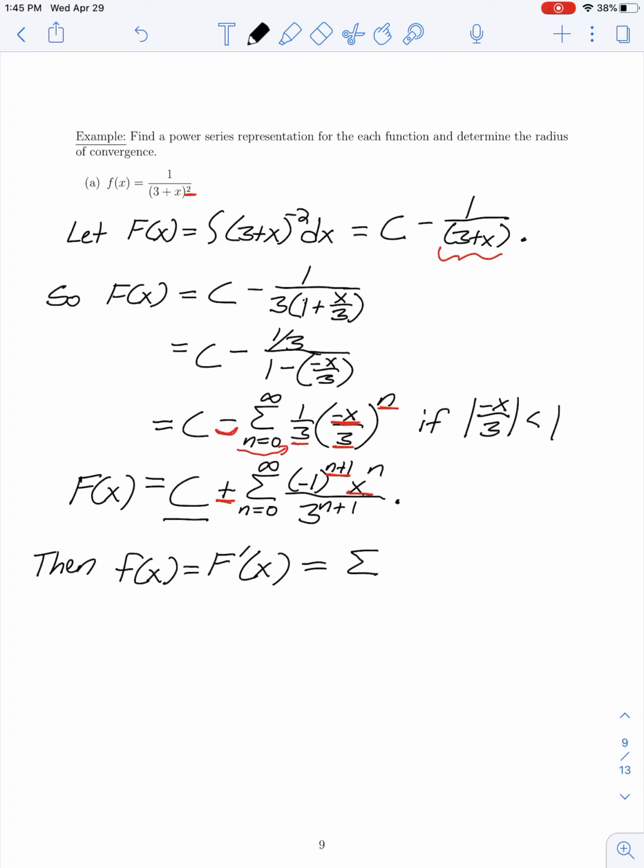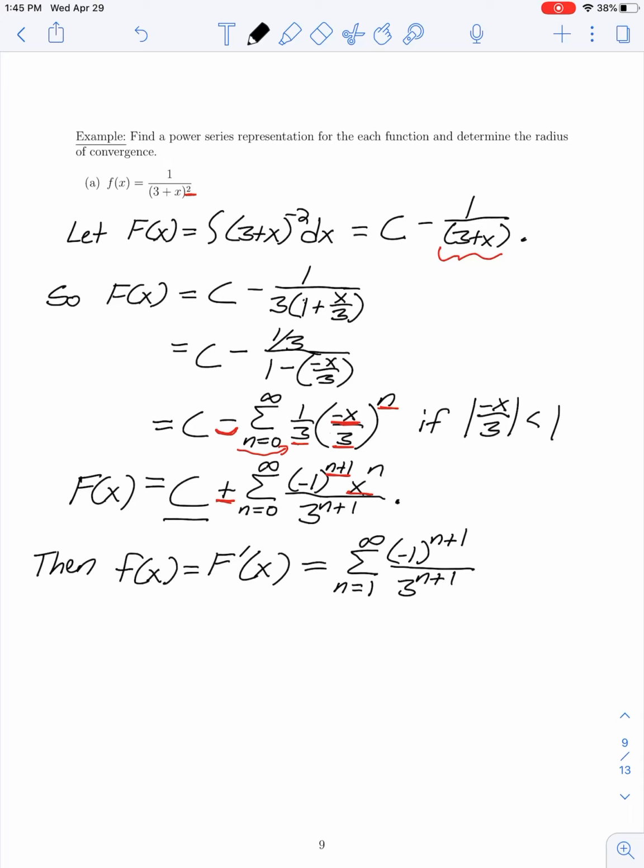And then differentiating term by term, we would have the sum from n equals 1 to infinity. Again, remember when we differentiate, we've got to change that starting value for our index. And we have negative 1 to the n plus 1 divided by 3 to the n plus 1 power.